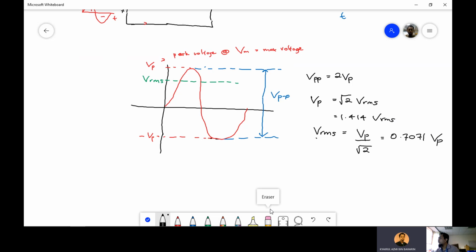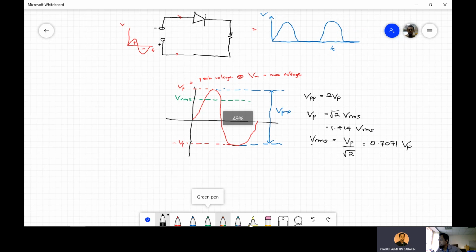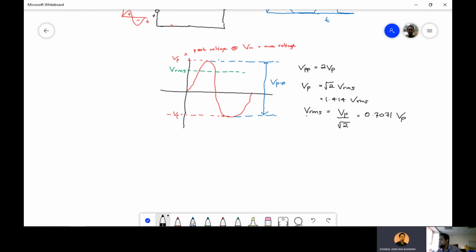Okay, and then for the average value, we have another equation. So for average value, it's going to depend.